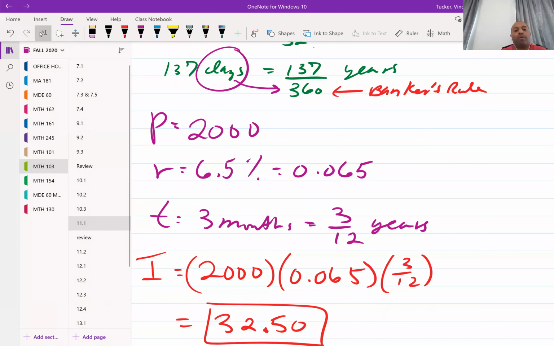So plug that into the formula, P times R times T: 2,000 times 0.065 times 3/12.